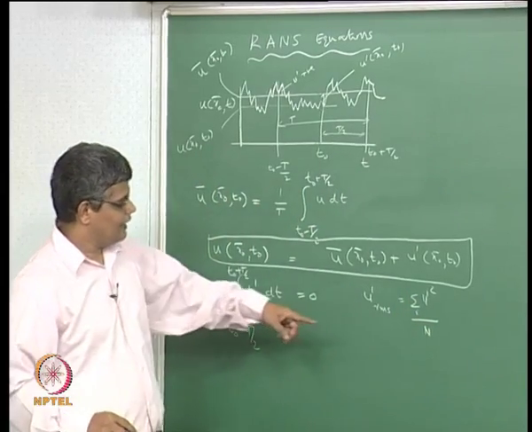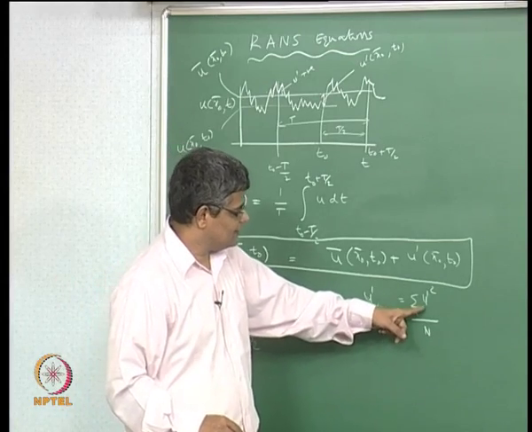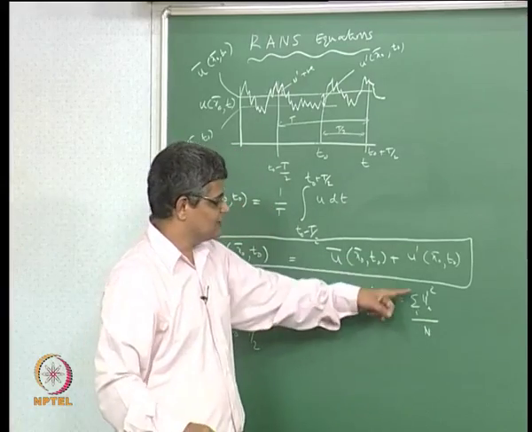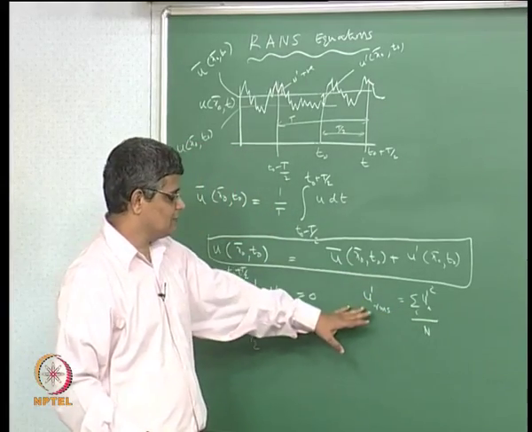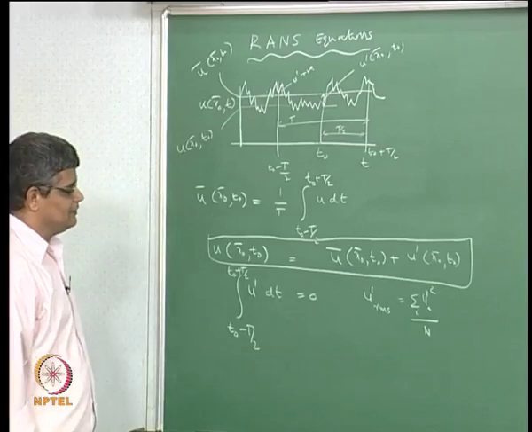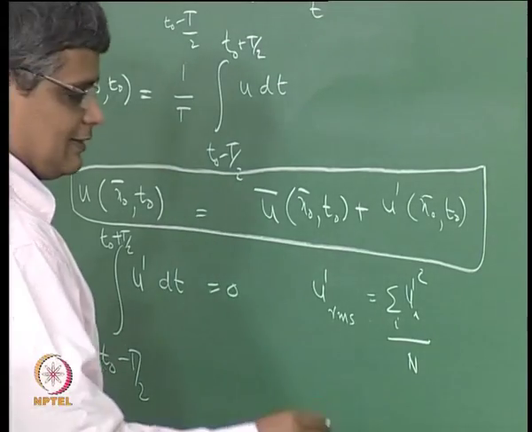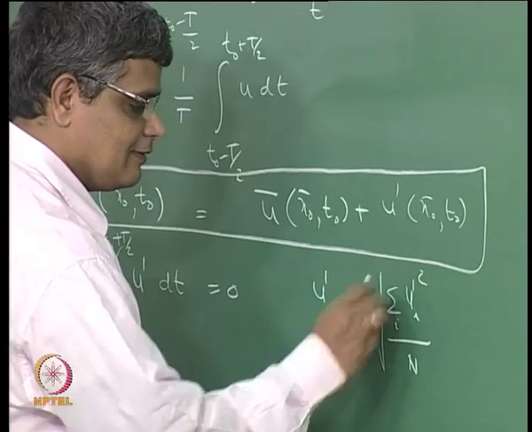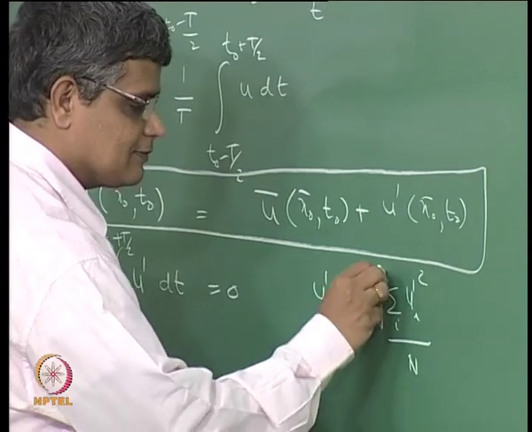If you take n different samples, you take the ui prime square, you square each of them, sum it, and then divide by n. So that gives you the root mean square value of this, and root mean square means that this is the square root of this.